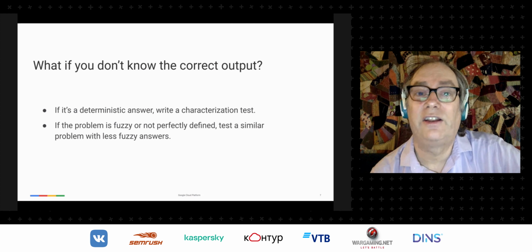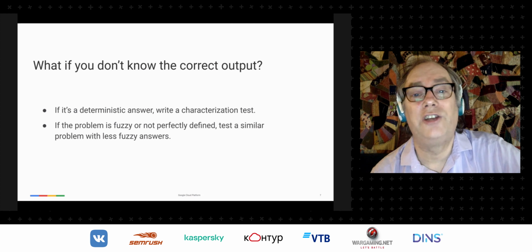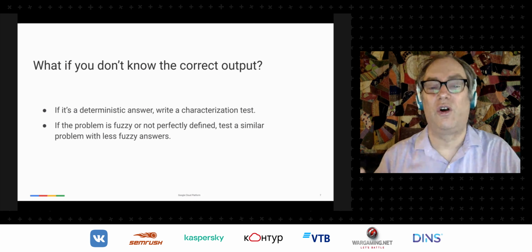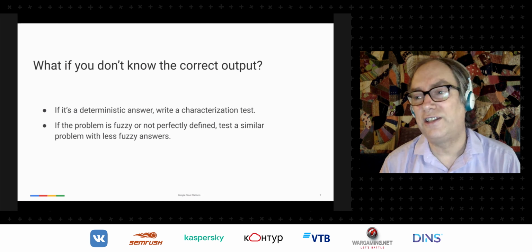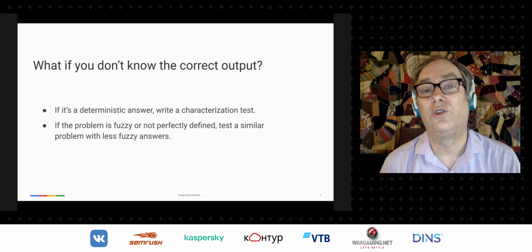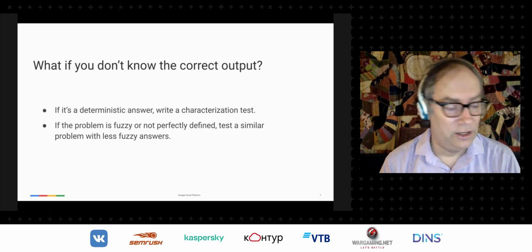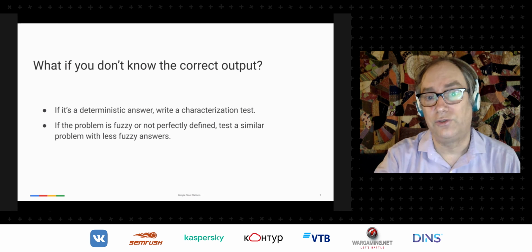How do you test that? Well, one way to test it is you change your input data so it's really, really clear so that there's strong division between the two groups of points. So instead of testing the fuzzy case, you make a case with really, really clear answers and you test that instead. So that's sometimes useful.